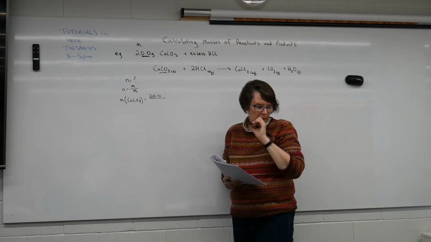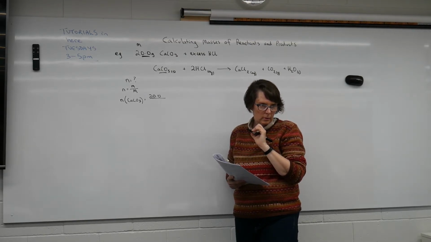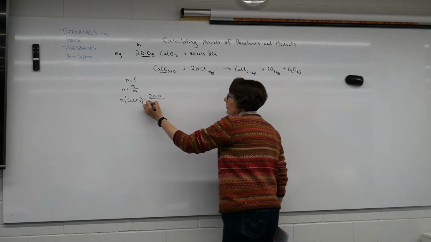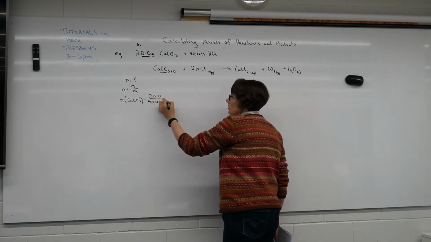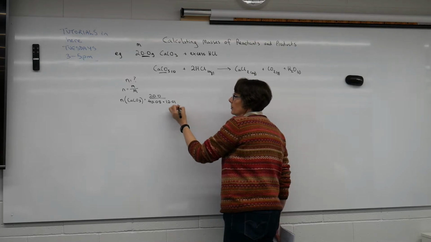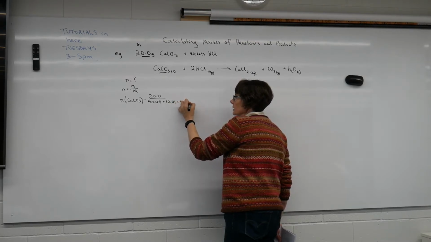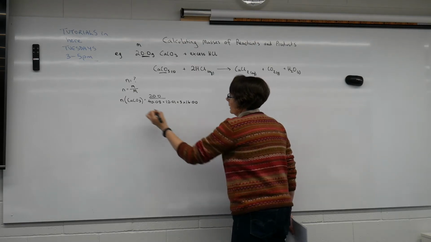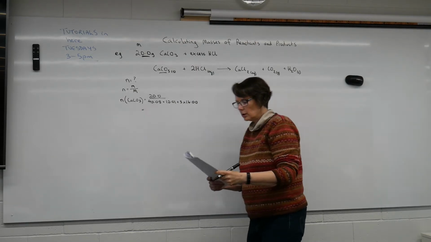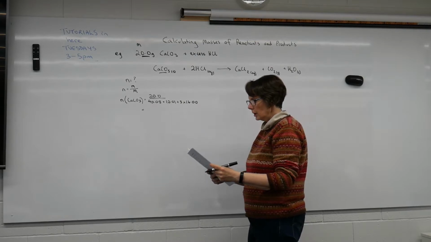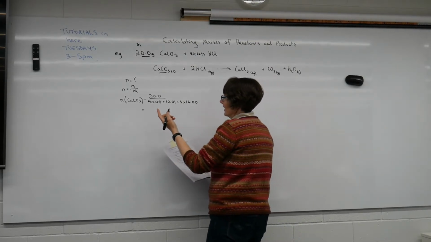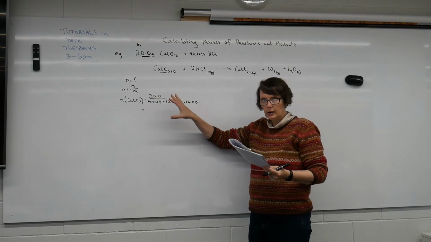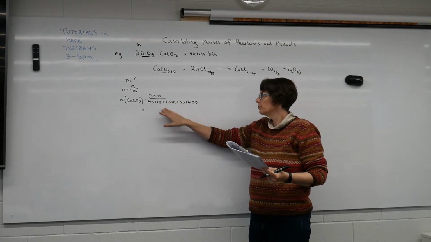So what's the atomic mass of calcium? 40.08. 12.01 for carbon and 3 times 16 for the oxygen. And I'm just going to use the book here. And look, they've done a separate calculation for M, capital M, molar mass.